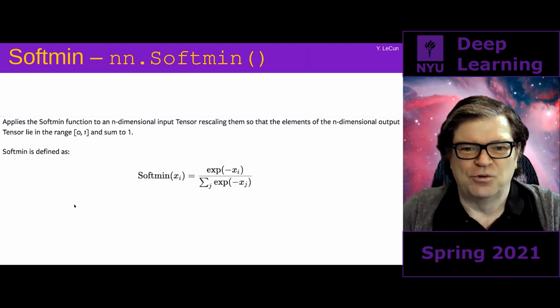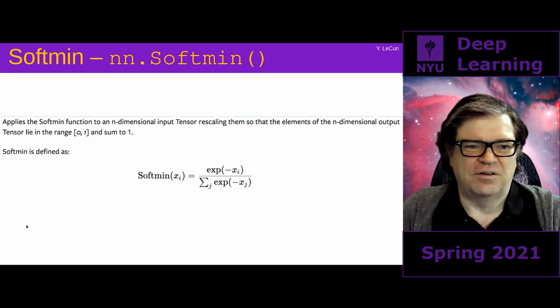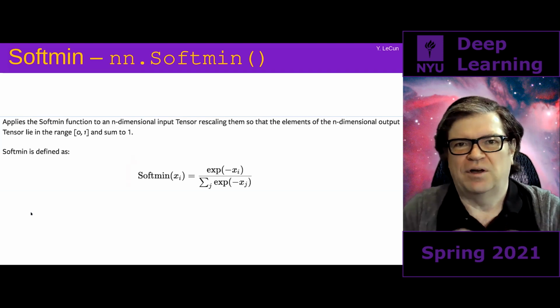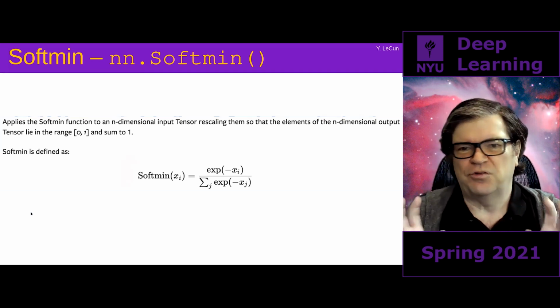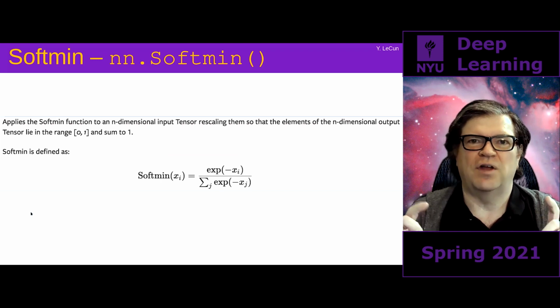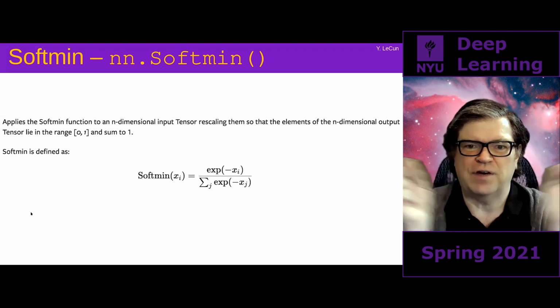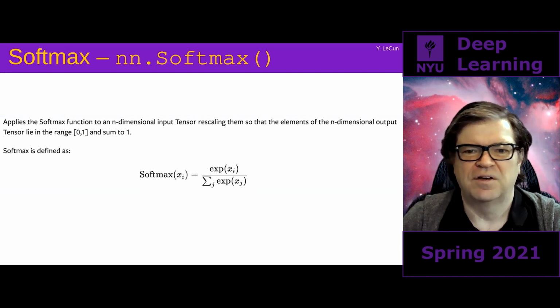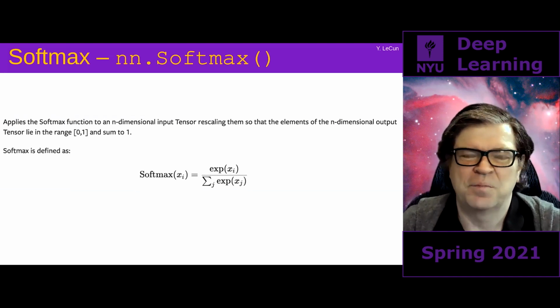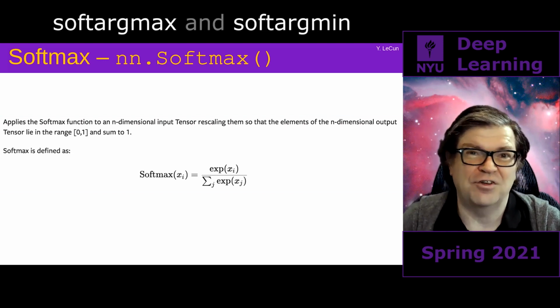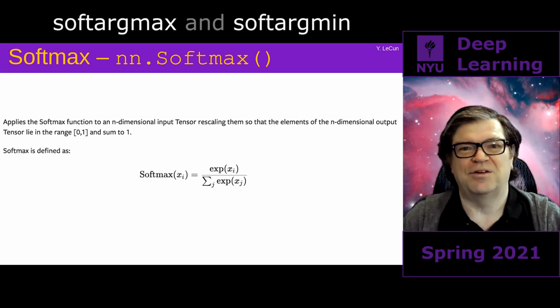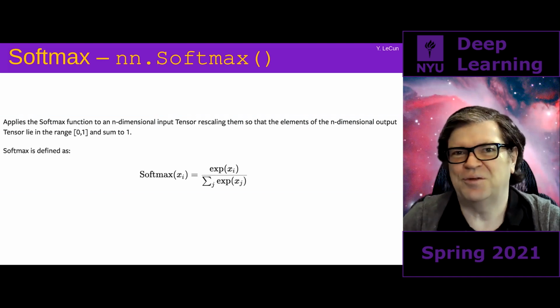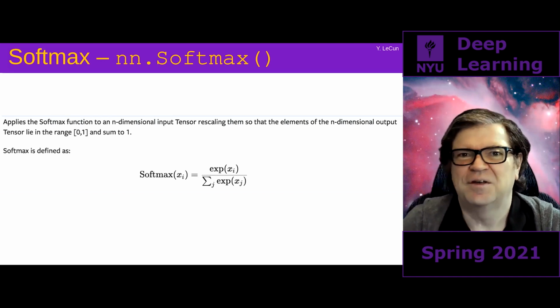Okay, now we're getting into modules that are not simple nonlinearities, but they're very important because they're used absolutely everywhere. They're modules that turn a vector into another vector. And there are two of them, softmax and softmin. They basically are the same thing. They should really be called argsoftmax and argsoftmin, but historically they've been given the name softmax and the name stuck.